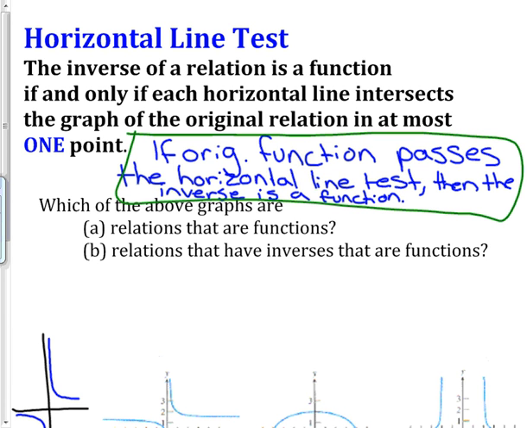So that's what the horizontal line test does, is it tells us whether or not a function will have an inverse that is a function. And if it does, then it's called a one-to-one function.